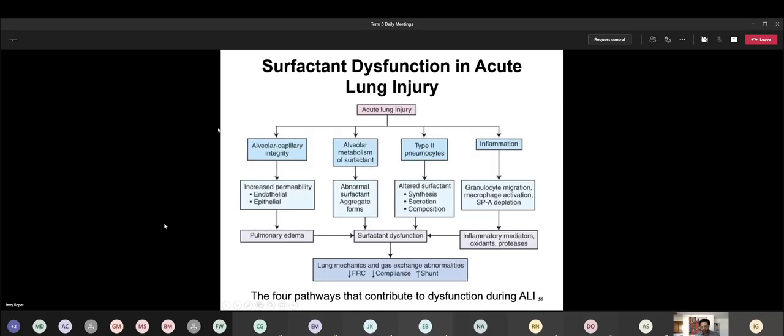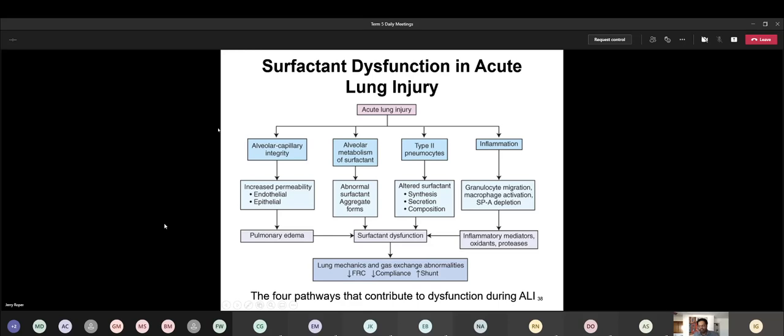Now, this chart shows that no matter which direction you choose to go first, you're always going to end up with the same problem. So I'm going to go straight down the list, starting on the right side. You've got an acute lung injury, which means there's going to be lots of swelling and inflammation.